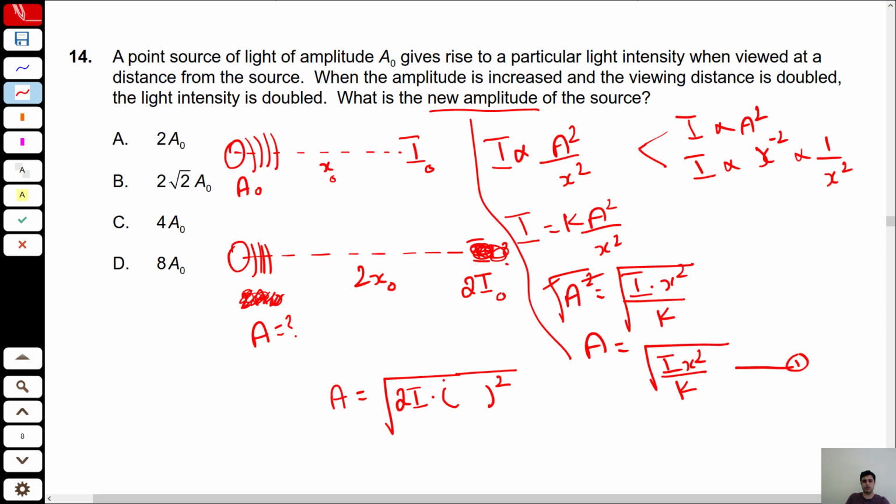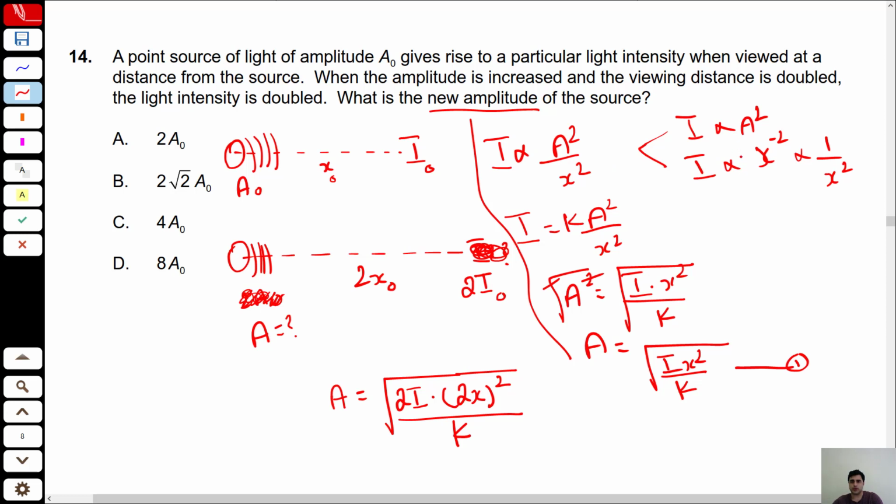How much is our new displacement? The new displacement is twice the original displacement, just call it x, no need to write x naught, divided by k. k is a constant which still stays the same. Is there any problem till here? I'm sure there's no problem till here.